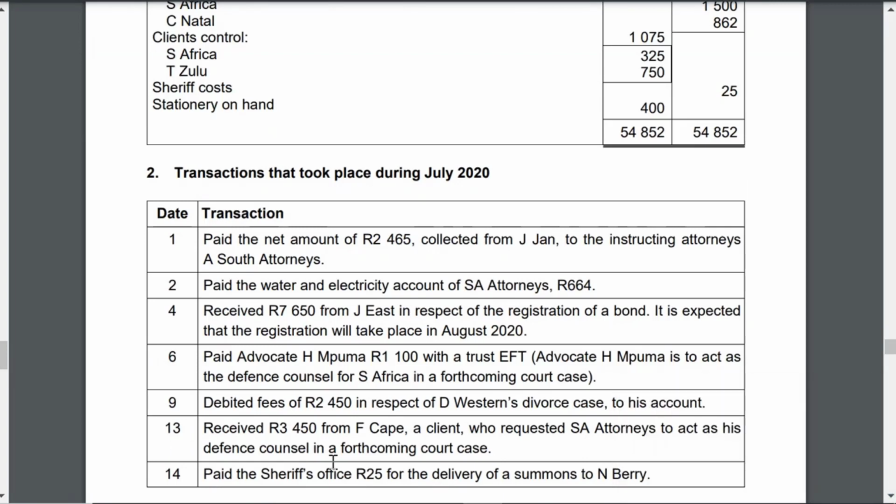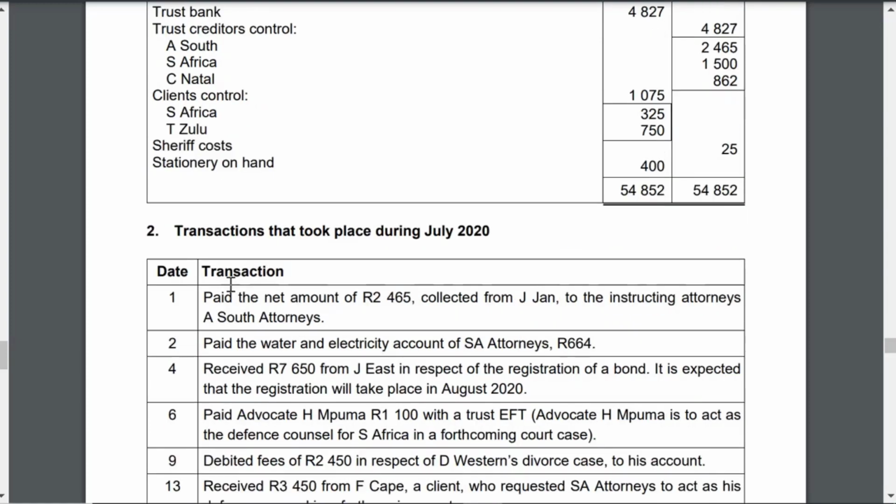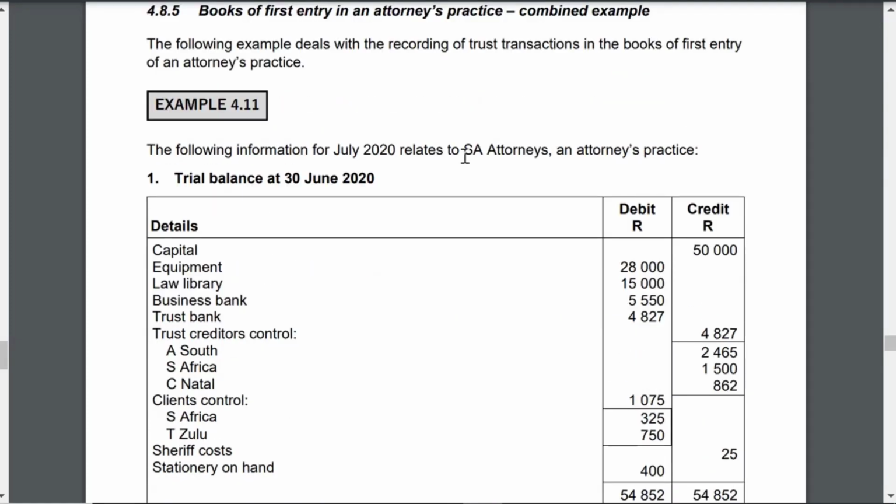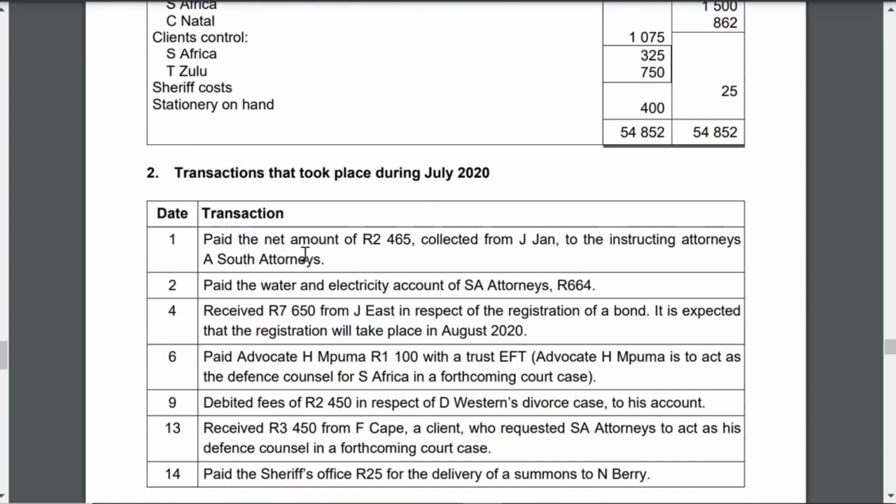Faith is saying CPJ, Elisha is saying general journal, and Myla is saying business cash payment journal. Guys, remember we are doing the books of SA attorneys and attorneys practice. SA attorneys has paid water and electricity for running the business.